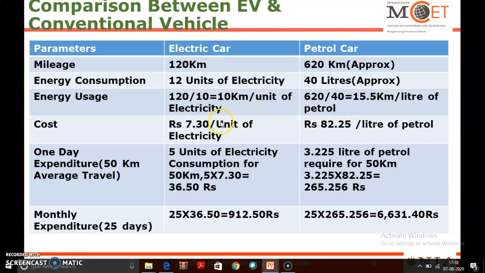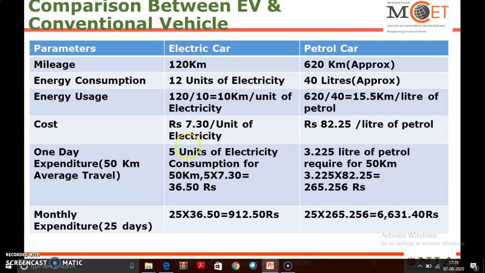We know that 1 unit of electricity expenses 7.30 rupees, whereas in the case of a petrol car, 1 liter of petrol expenses 82.25 rupees. For daily expenditure, we travel 50 kilometer on average, which in an electric car requires 5 units of electricity.